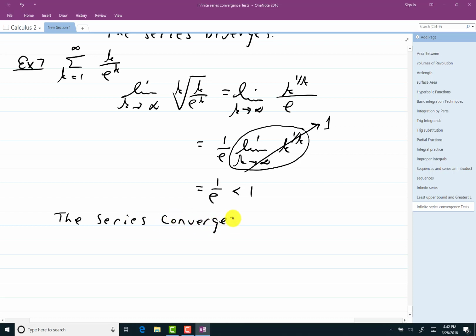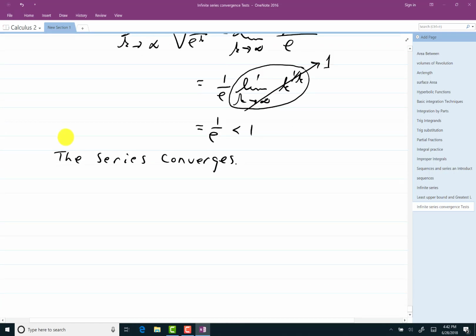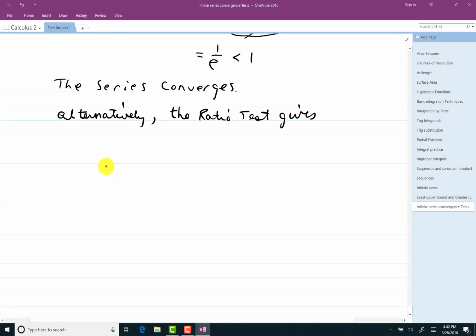I personally would have used the ratio test on this one. So alternatively, the ratio test gives us the limit as k goes to infinity.